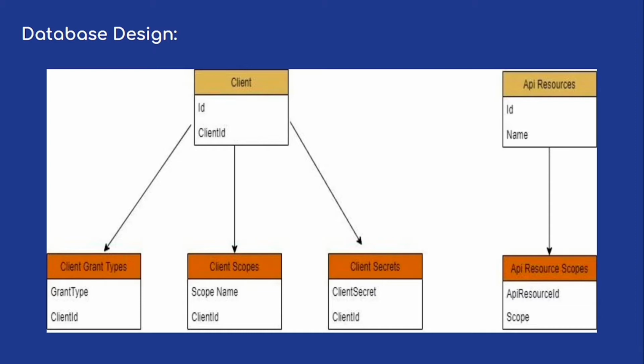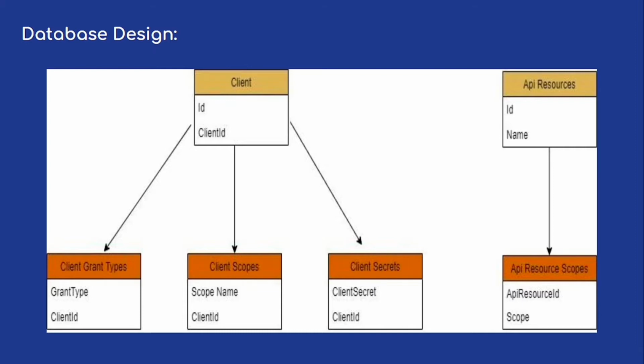For suppose we have scopes like read and write. To separate them more effectively, we can add a namespace. If I have an API resource like API one, I can create scopes API one dot read and API one dot write. So it will give named scopes.